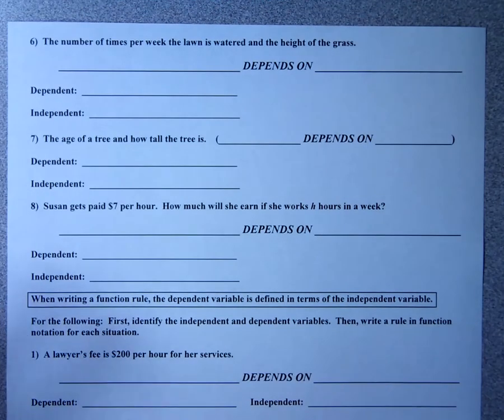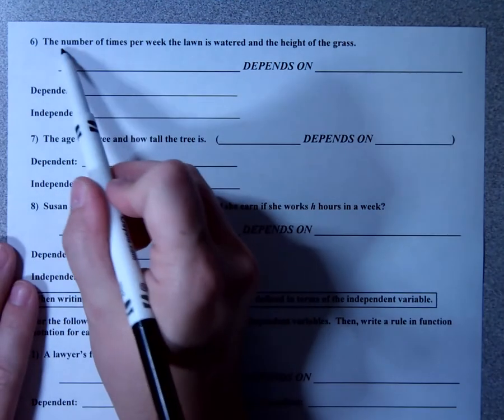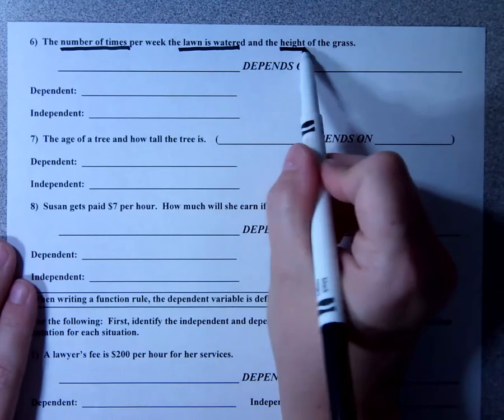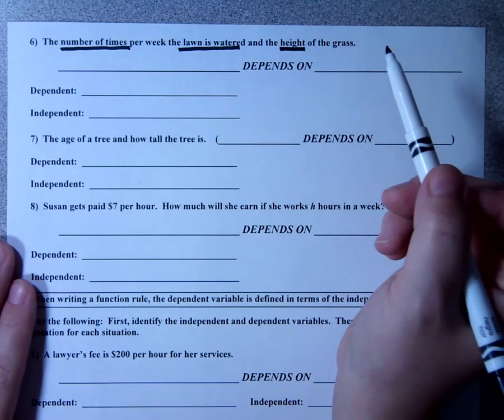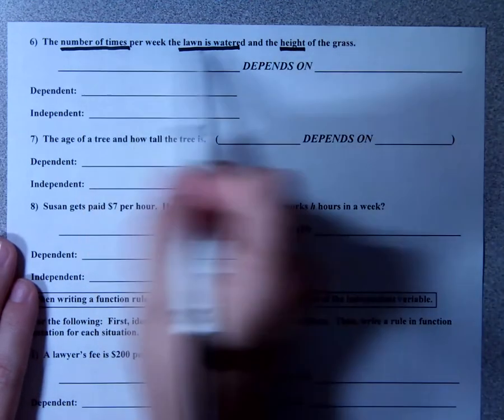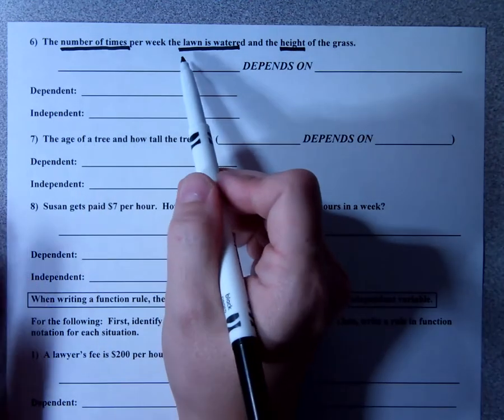Number 6 here says the number of times per week the lawn is watered and the height of the grass. What depends on what? Do you think the number of times you water the grass depends on the height of the grass? Or do you think the height of the grass depends on how many times you water it?